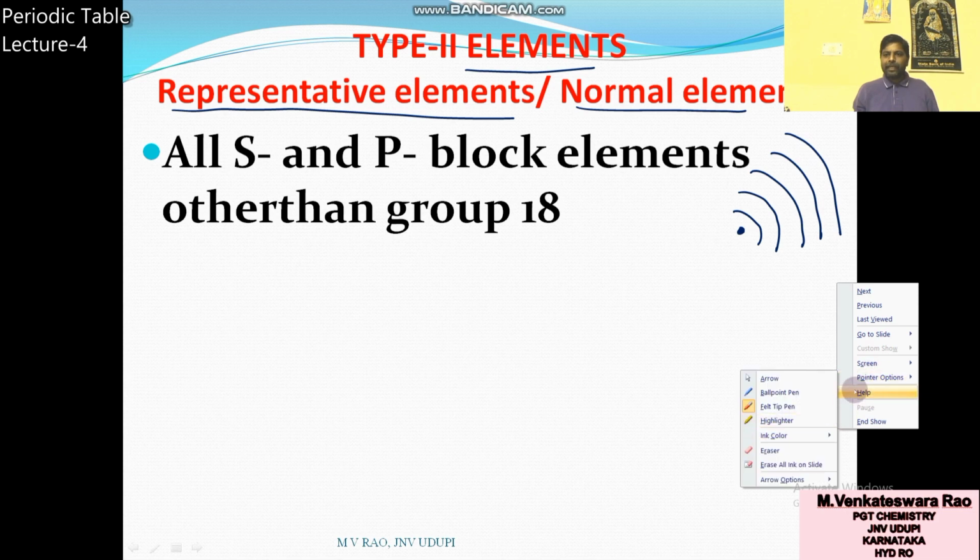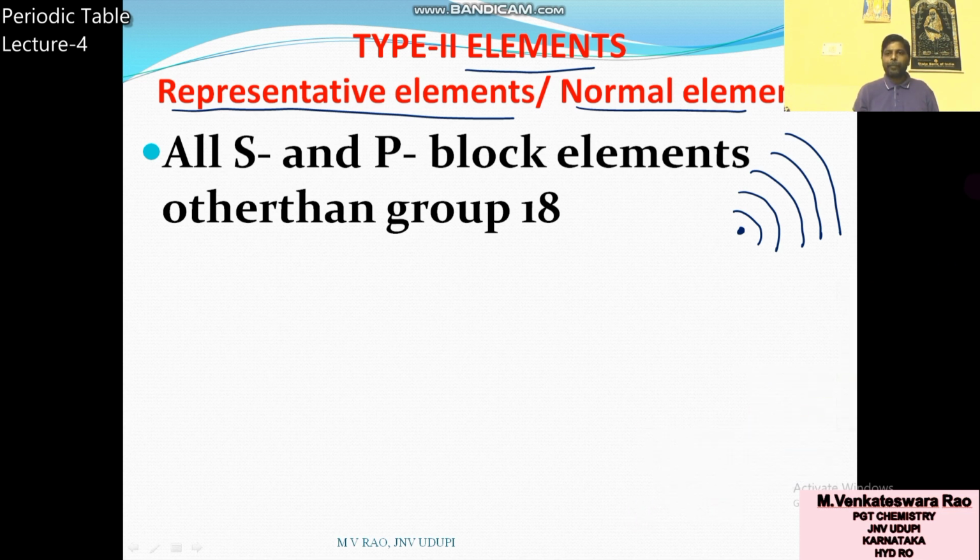In representative elements, the outermost shell is partially filled with electrons. This shell is n, this is n minus 1, this is n minus 2. In representative elements, this shell is partially filled.